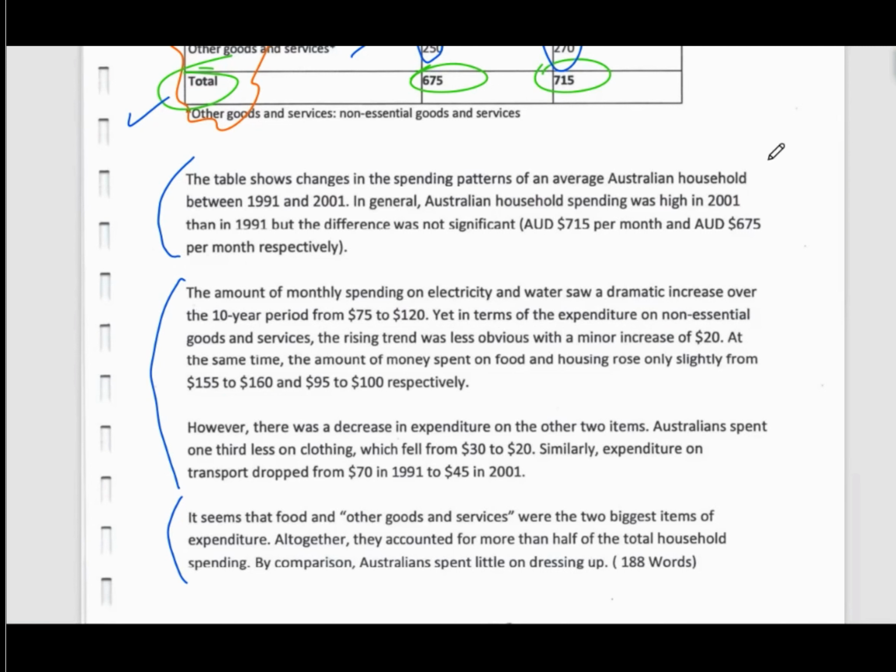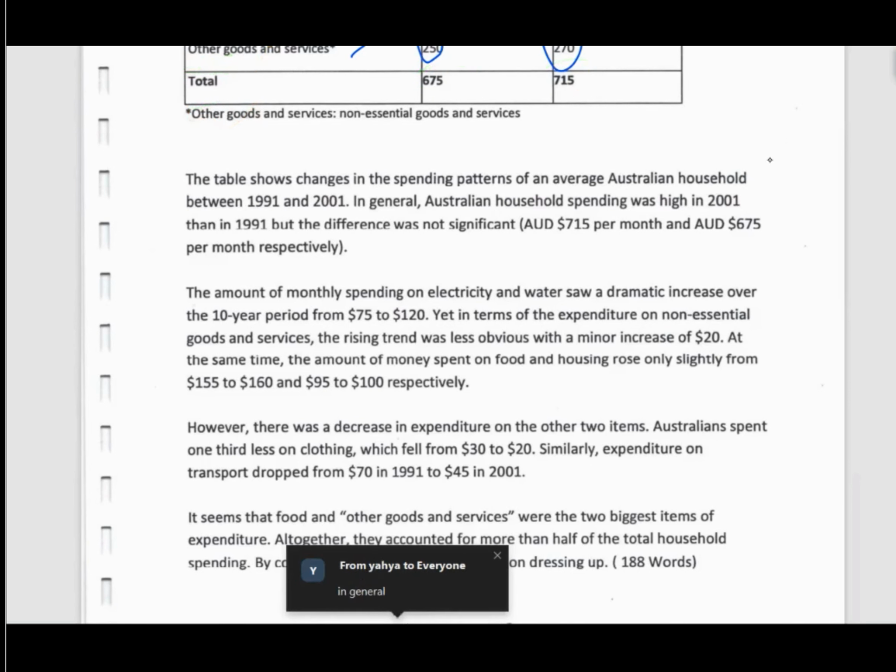Okay, keywords. In the first paragraph, we have shows, changes, spending, in general, high, than, significant, respectively.